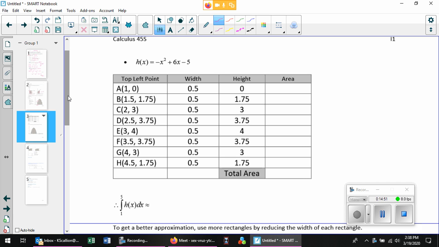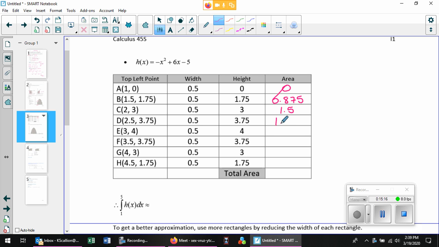So what would be the area of this rectangle if you know the width and the height? What would be the area of this one? So we're just timesing this. It's really straightforward. So this is 0.875, and this is 1.5, which makes sense.